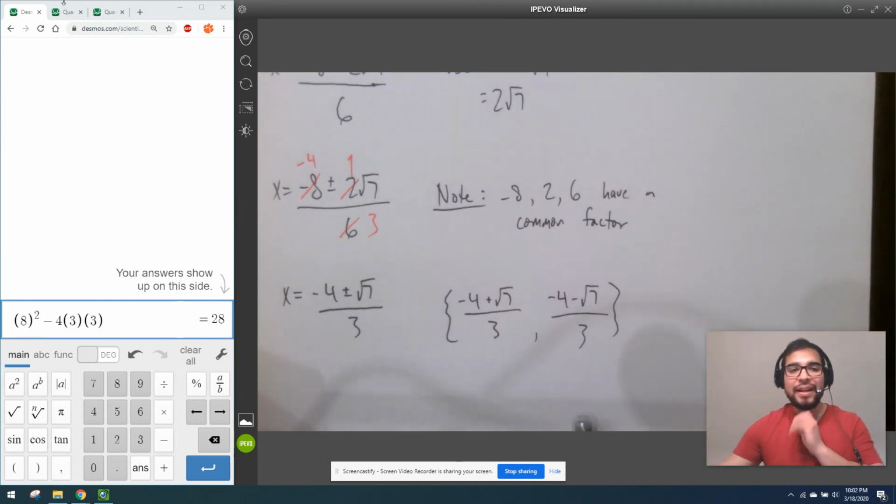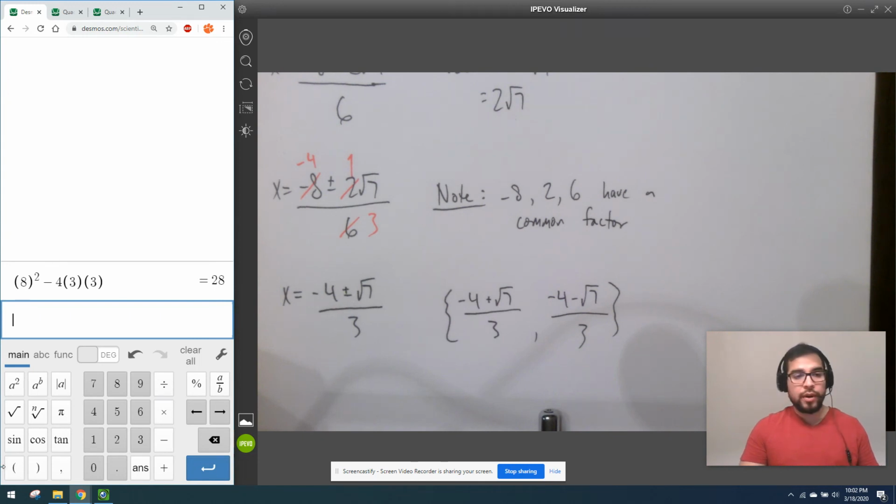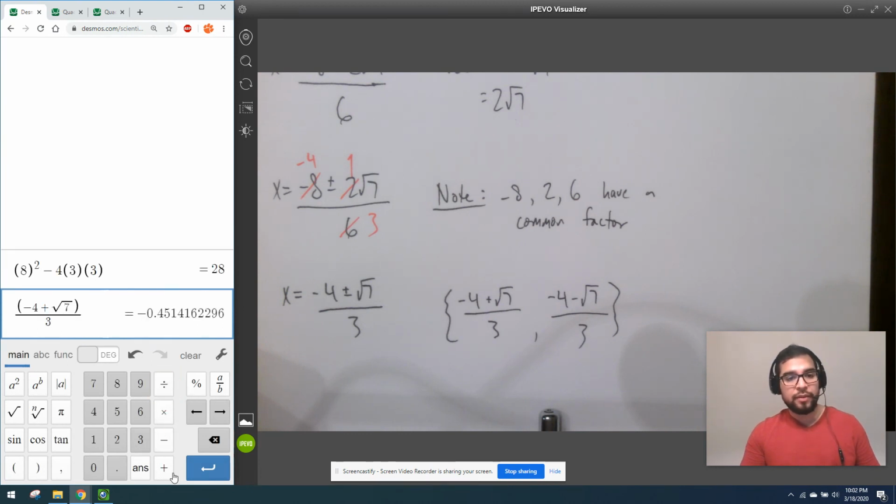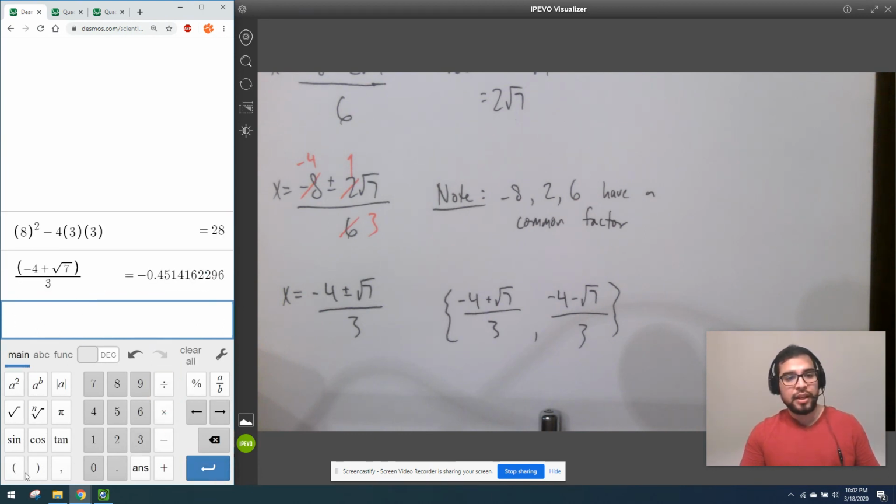Now, let's go ahead and see what this looks like. I know that I have square roots, so I'm going to find the approximation of these solutions to this quadratic. You'll see something similar to what we did in the previous one. Divided by 3. This is my first solution. And let's take a look at my second solution.